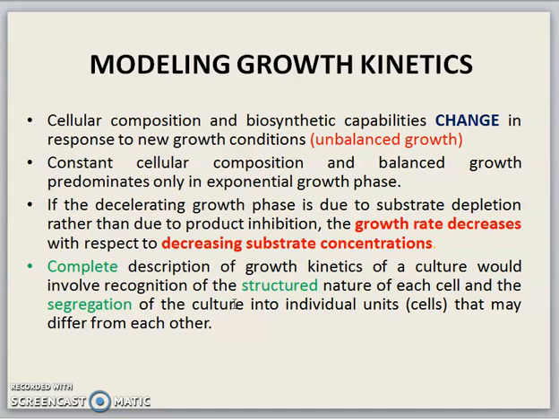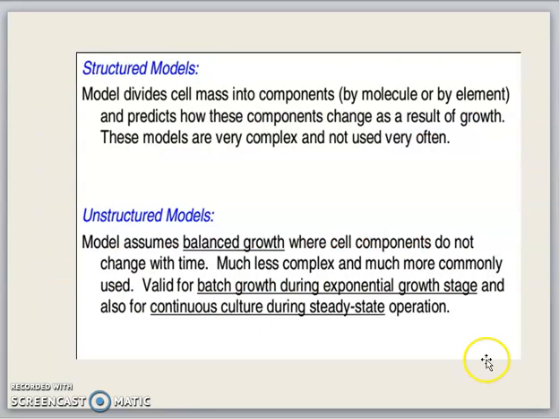A complete description of the growth kinetics of a culture would involve recognition of the structured nature of each cell and the segregation of the culture into individual units or cells that may differ from each other. We have two different models: the first one is structured models, the other one is unstructured models.